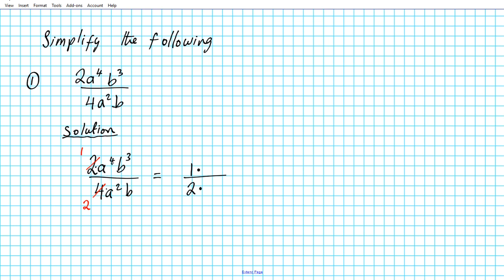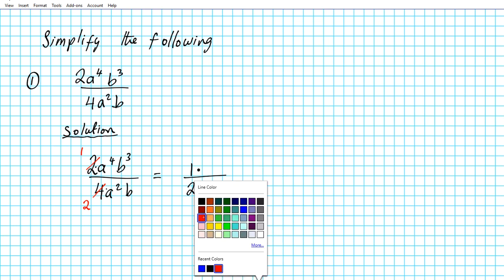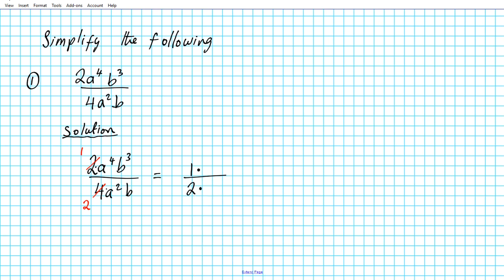Okay, so you have a to the fourth and a to the second power. Which one has a bigger exponent? Clearly, a to the fourth, the numerator exponent term, base a, has a bigger exponent. So what we're going to do is divide out the a squared in the denominator. That's going to be 1.